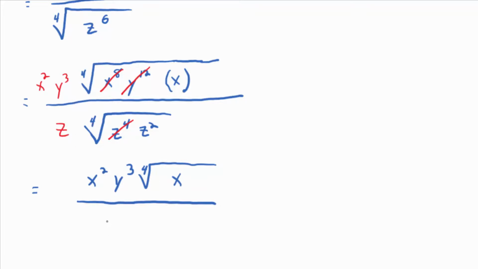Then z, I suppose there is something you could do with this. Do you guys see that in the denominator we have a factor of z squared? It's actually the fourth root of z squared, isn't it? So there is something I taught you to do on this. Yeah, you can reduce it to the square root of z. Do you guys see why? If you rewrite this using a rational exponent, what is the fourth root of z squared?